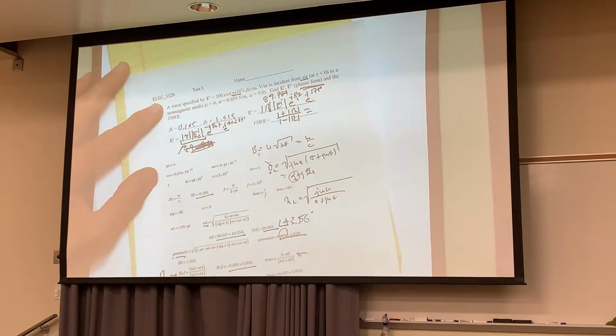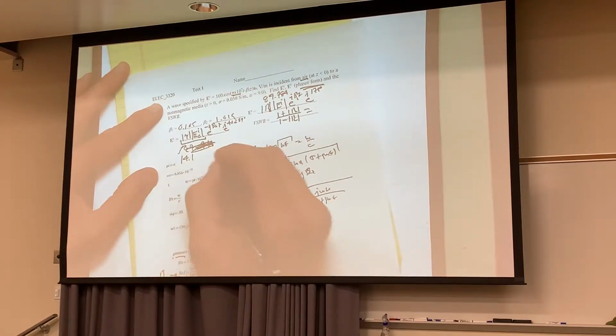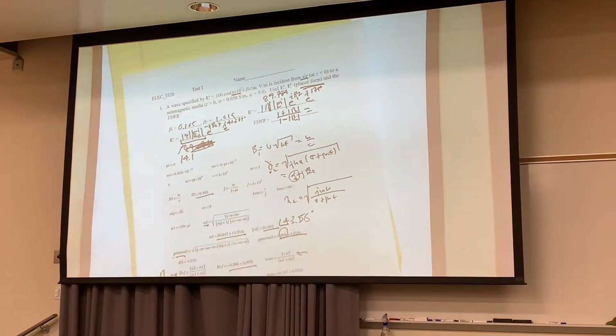I think it's 14.1. 14.1 is the reflection coefficient magnitude times the incident field. Follow me, class? Now, I didn't think that was hard.